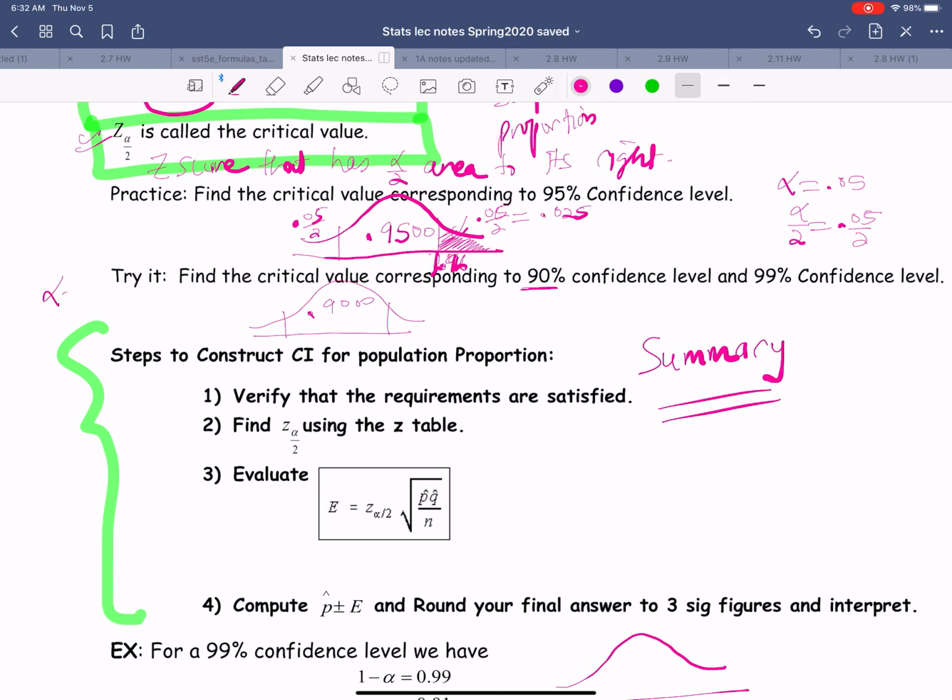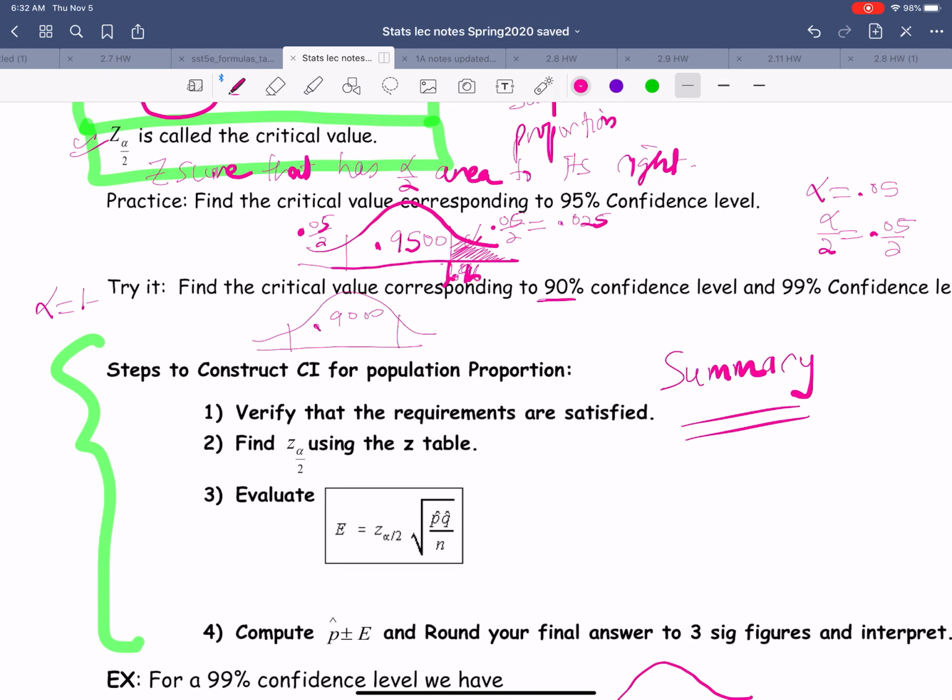Alpha is going to be 1 minus 0.90, so alpha is 0.10, and alpha is divided into two tails, so 0.10 divided by 2.